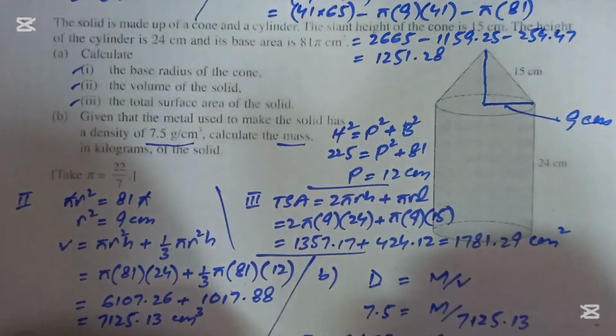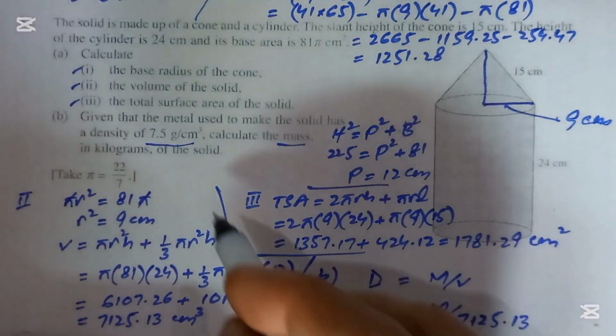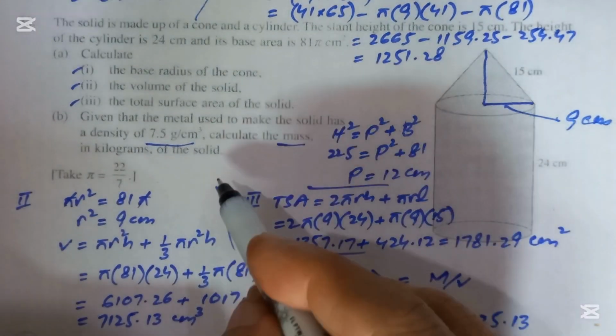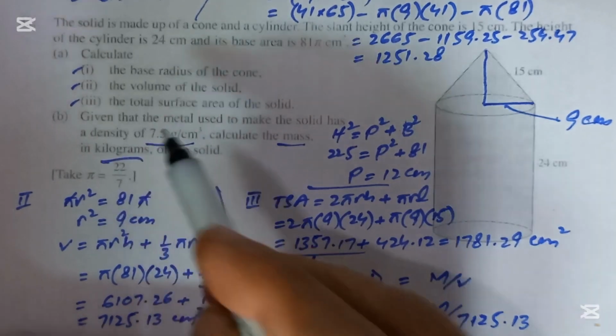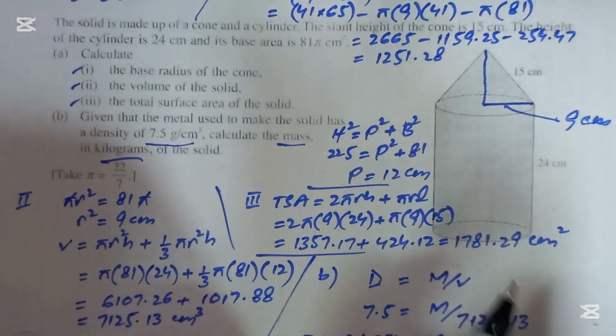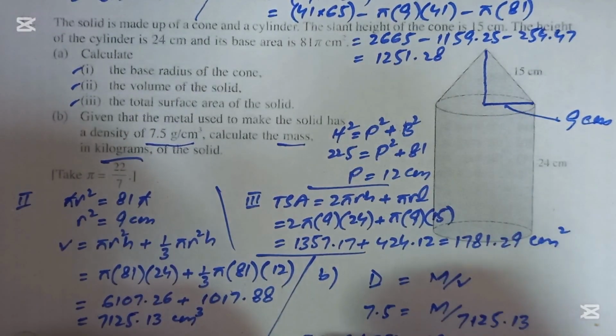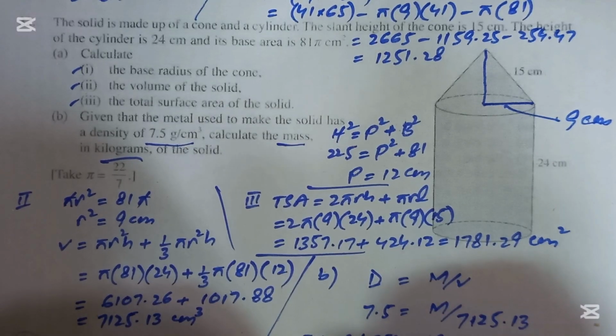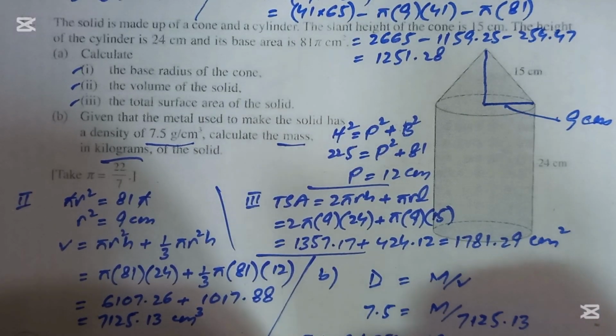Unit will be grams, but the requirement is in kilograms. We will divide this value by 1000, so the answer will be 53.438 kilograms. This is the answer.